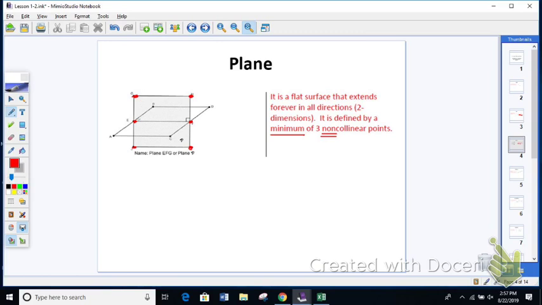Okay? Most of the time, if we're looking at a quadrilateral for the plane, it makes more sense to me if you would use 4 points and you would use those 4 corners. Okay? So that's another way that you can name it, but you can use any 3 or more.